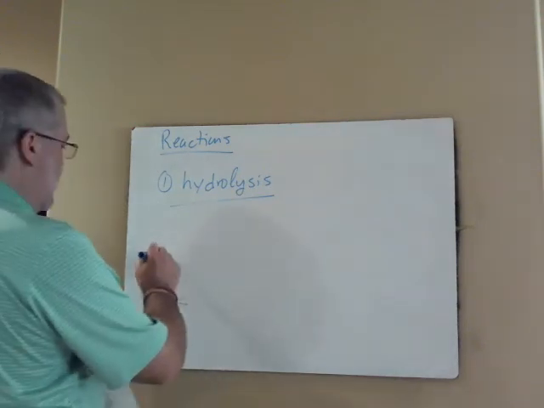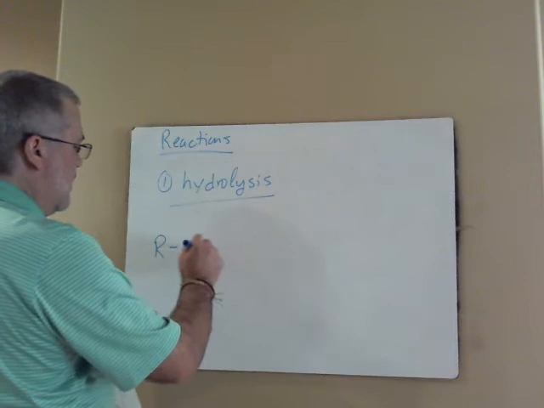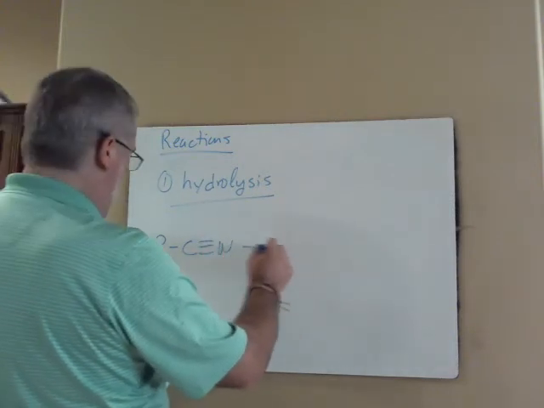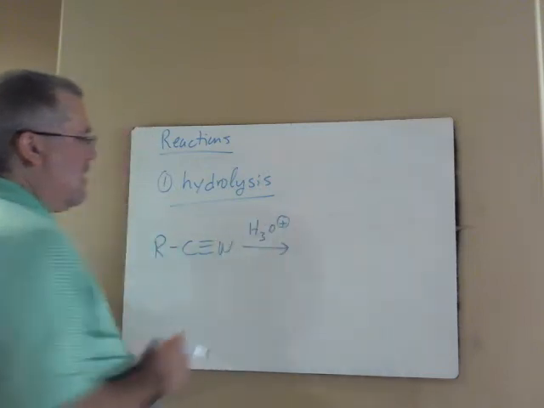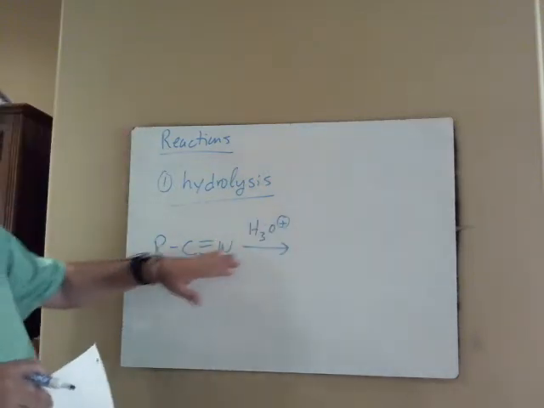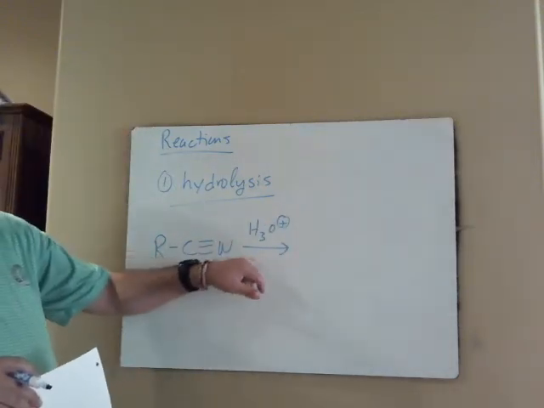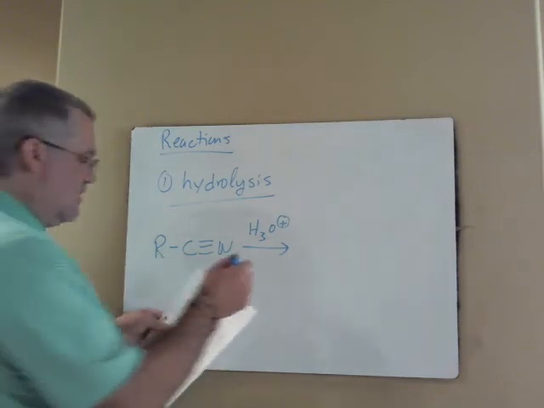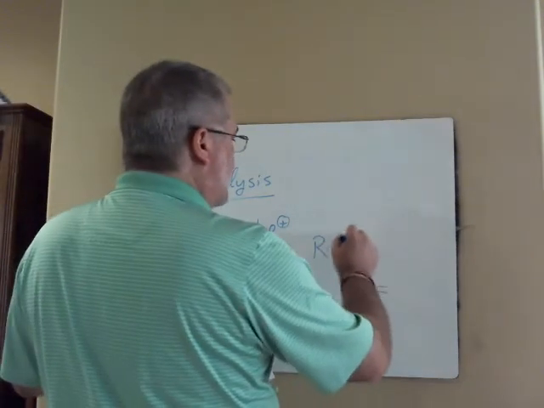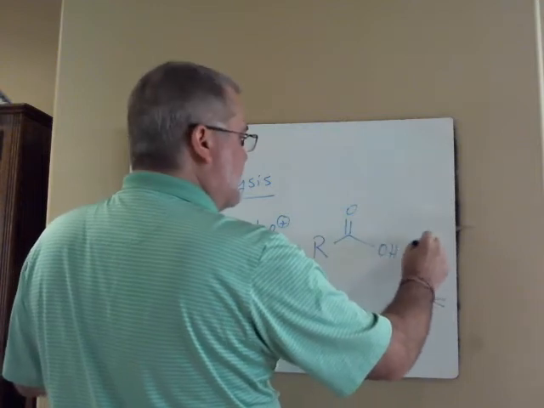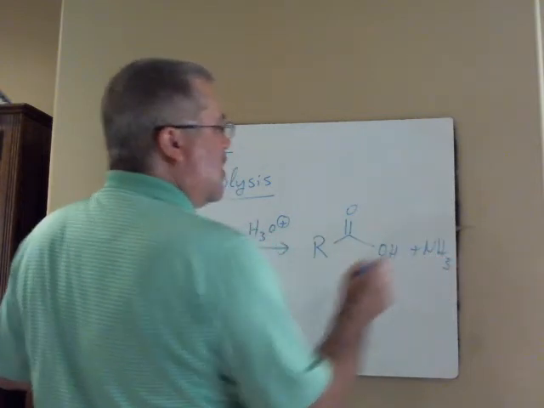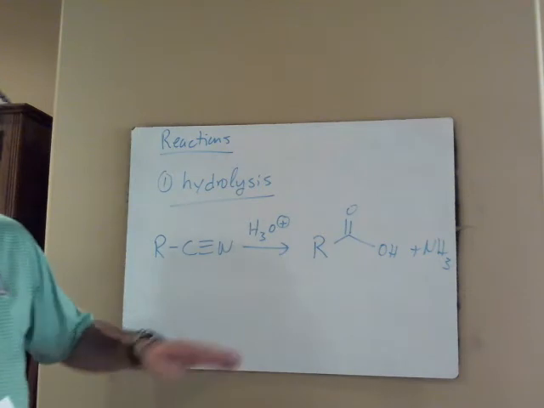A generic nitrile, knowing what we know about carboxylic acid derivatives. So I'm taking my nitrile and reacting it with aqueous acid in this case. That hydrolysis should give the carboxylic acid, and it does. And it gives ammonia as the byproduct.